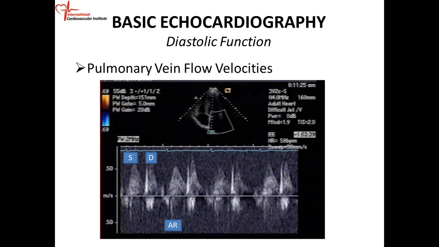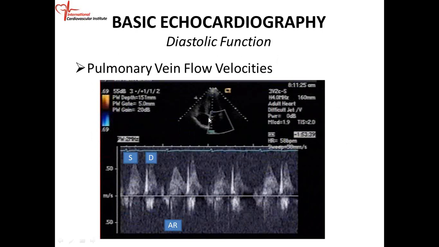Okay, so pulmonary vein flow velocity is very important to determine if the patient has diastolic dysfunction. And if you're assessing mitral regurgitation, you need to do pulmonary vein flow velocities.